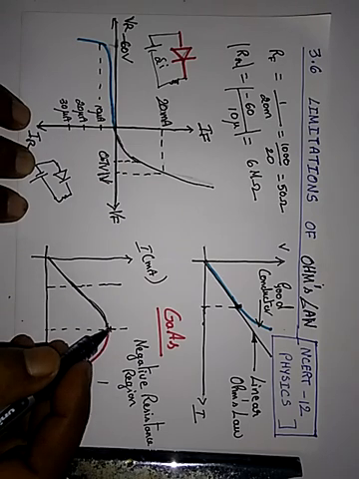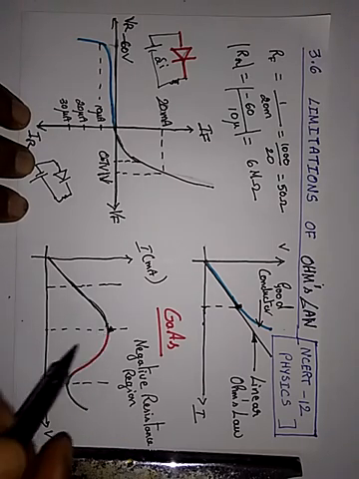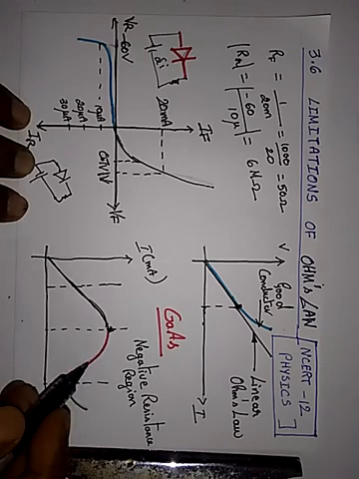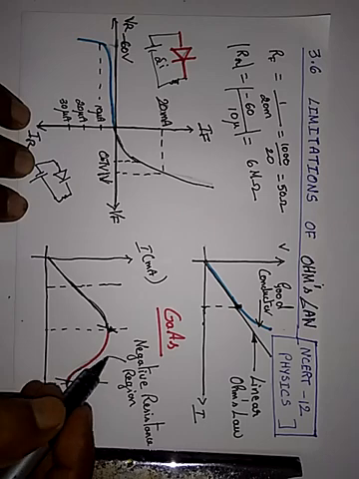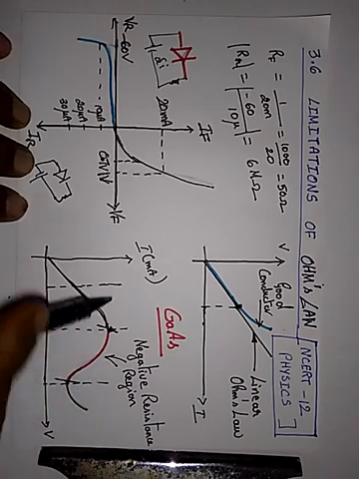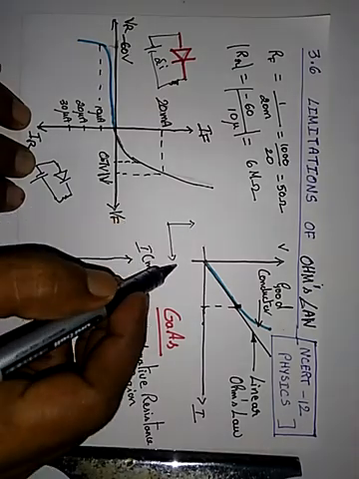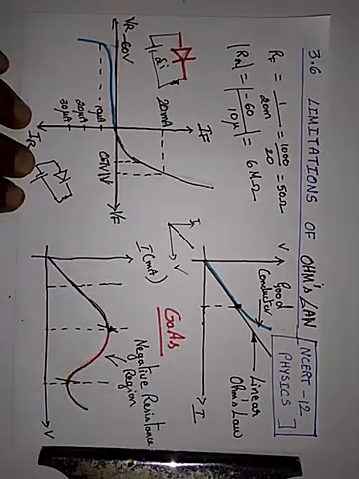But after some point, say a threshold point, when voltage increases, current starts decreasing. Okay, that's why this region from here to here we call the negative resistance region. Usually in the general graph, when voltage increases, current also should increase. This is positive resistance.